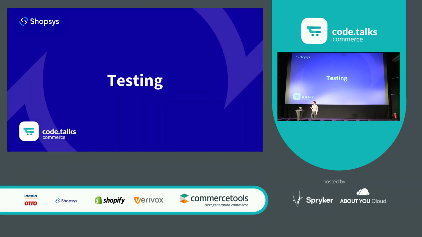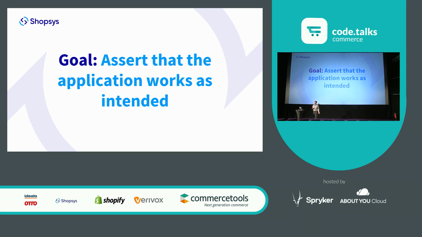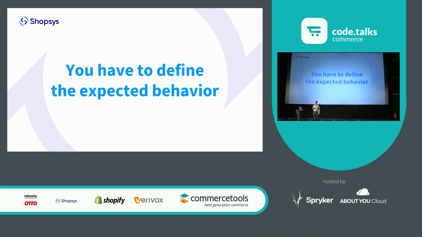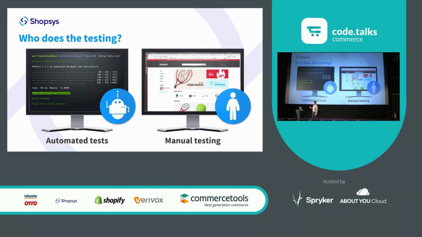So testing. The goal of testing is to assert that some functionality, some application works as intended, but you have to really define your intentions, really define what you expect. This is very important, both for automated and for manual testing. For automated testing, you of course have to be more strict.